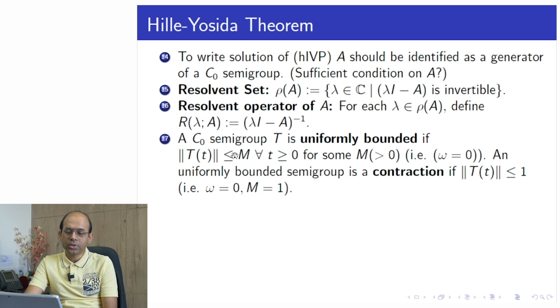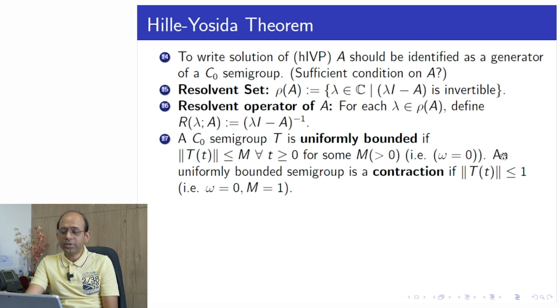So here, if we write down this upper bound where the upper bound does not depend on time, that means this whole semigroup is just bounded by this number capital M. So here I write omega is equal to 0 case, because for e to the omega t you can think omega is 0 here. So we call this uniformly bounded.